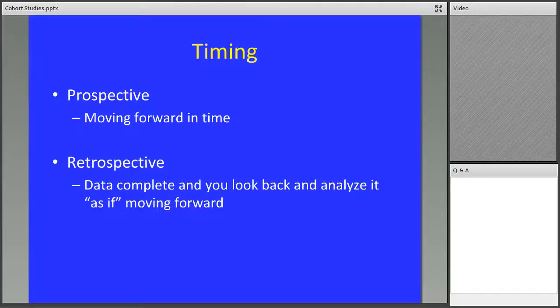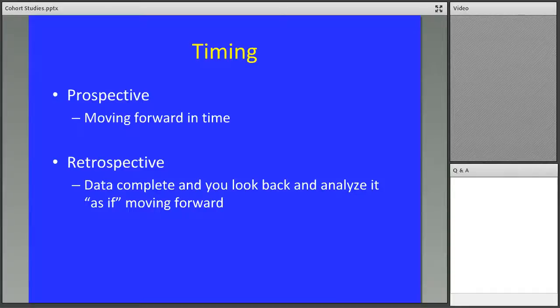So timing of a cohort is typically prospective, right? Remember our Roman soldiers, they're marching forward in time. Now, there is such a thing as a retrospective cohort, and that's when your data is complete for your exposure and for your outcome. You know that your exposure temporally came before your outcome, and you're just analyzing it as if you were moving forward.